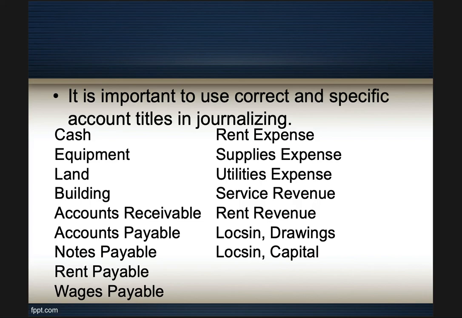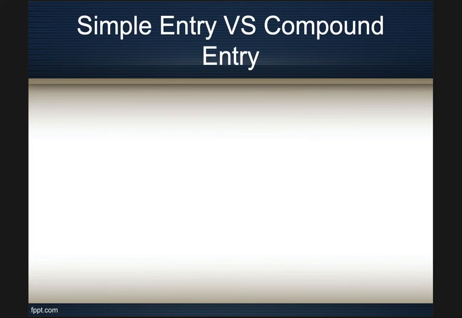Okay, so you might notice, especially in our transaction analysis examples, that there is a transaction that does not only affect one debit account and one credit account, but instead it affects, let's say for example, more than one debit account or more than one credit account.